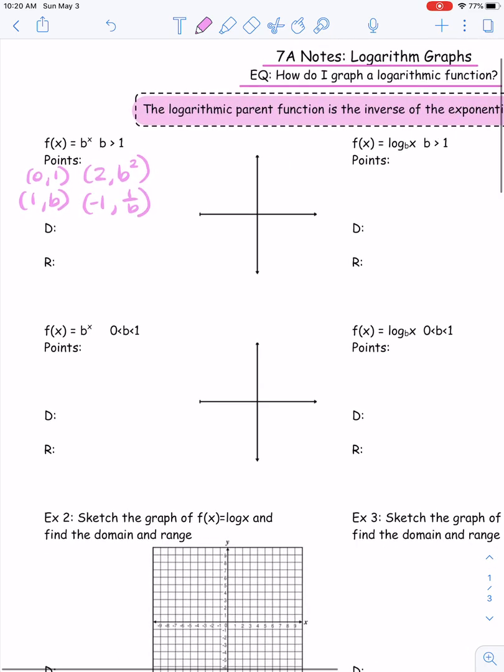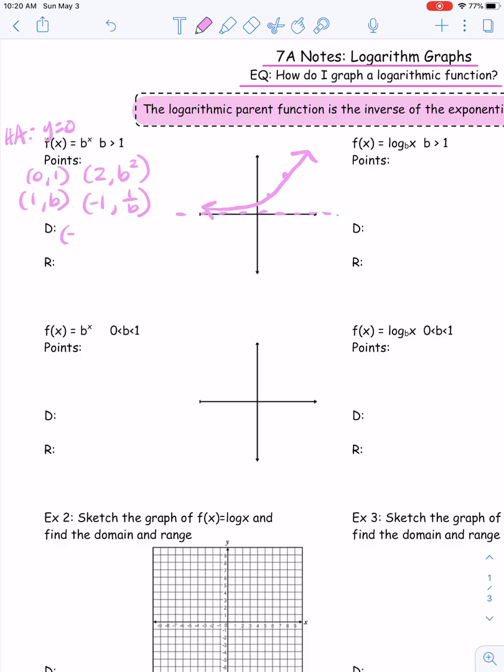Exponential graphs always had a horizontal asymptote, and that horizontal asymptote was at y equals 0. So here's our horizontal asymptote. We could plot those points, and we would get that exponential growth looking graph.